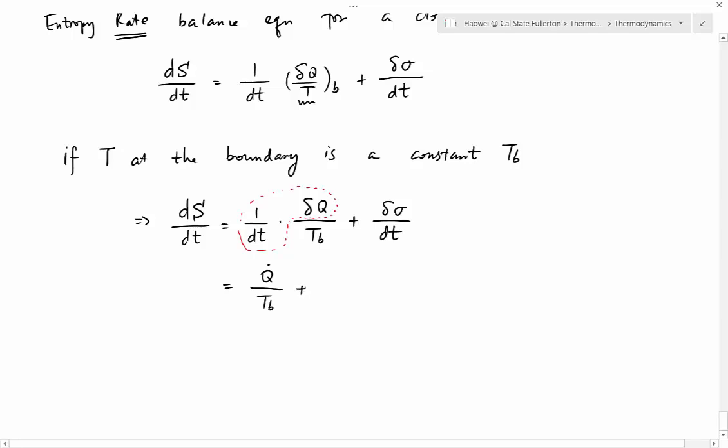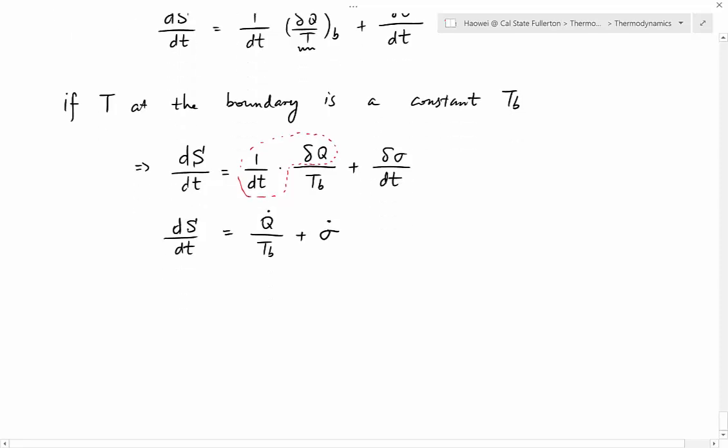And then on the right-hand side, the second term is still the same. Sigma over dt, we can call it sigma dot. The dot means divided by time. And this is called the entropy production rate. Okay, and we just need to do one more step, then we're done.